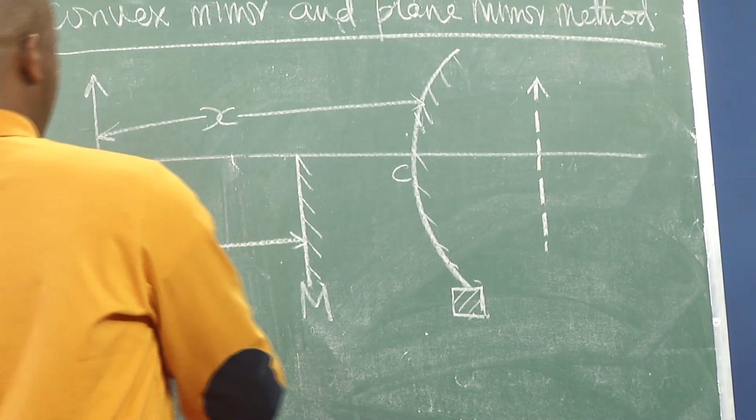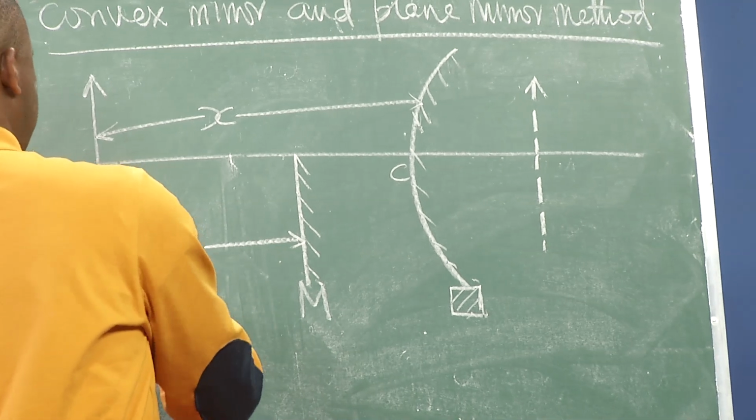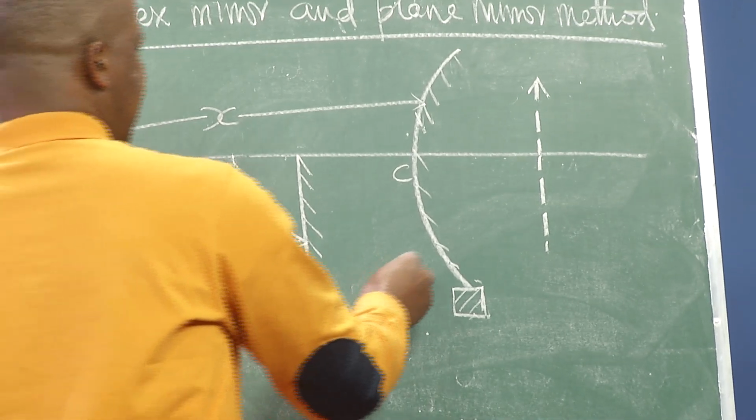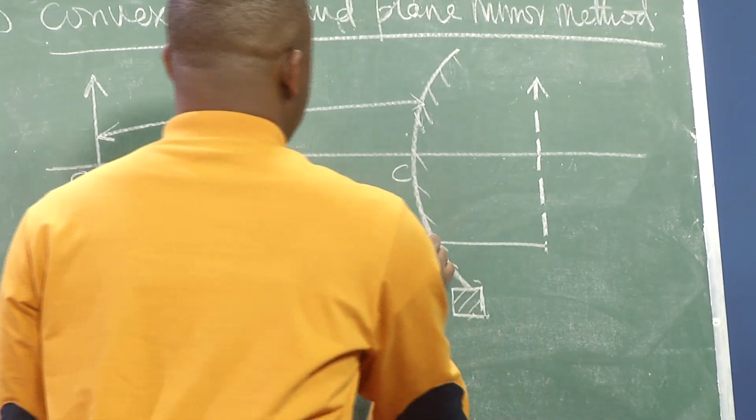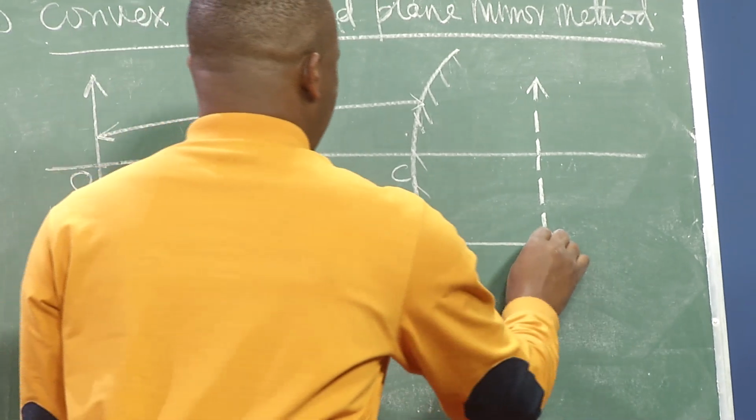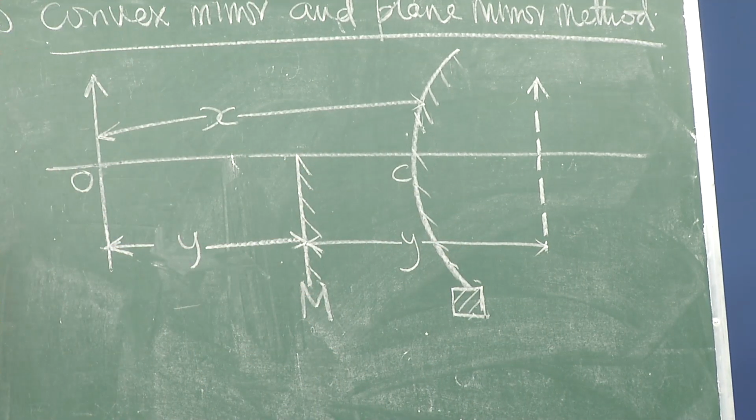And from the principle of reflection, as I was explaining through plane mirrors, this distance is also equal to y. We clearly saw at the very start of the discussion of this topic that images formed through plane mirrors have several properties, and one of them was that the image distance behind the mirror is equal to the object distance in front of the mirror.